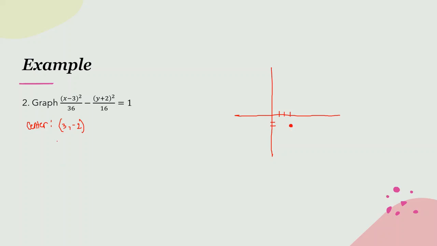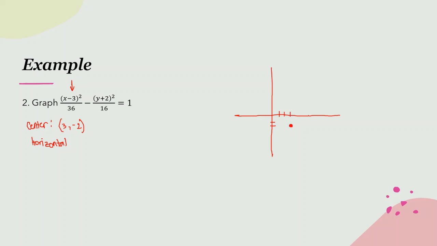Next one is we have to know if our hyperbola is vertical or horizontal. Since in our equation the x is written first, meaning to say it is horizontal. So that is our hyperbola. It's opening to the left and to the right.